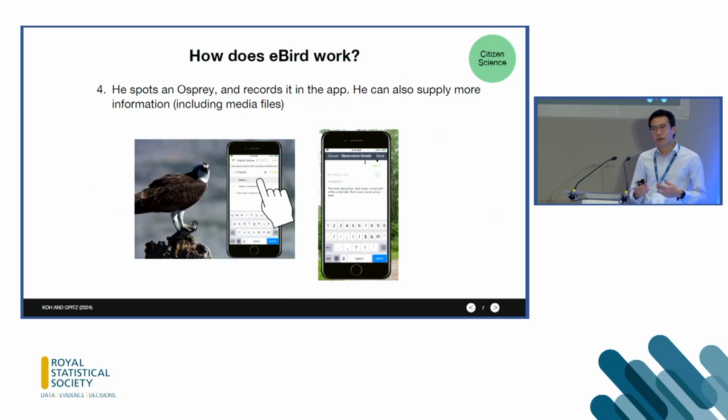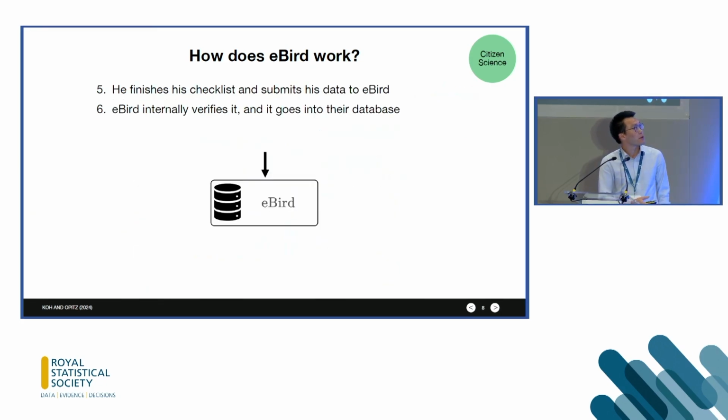Maybe this slide is just to say that there's more information that he can put in. He can put in voice recordings, pictures, additional information, and maybe this will actually be quite interesting from a statistical machine learning point of view. Now, he finishes his checklist, and then he submits his data to eBird. eBird internally verifies it based on their checks, and then it goes into their database.